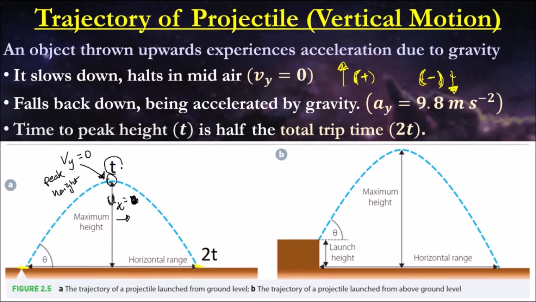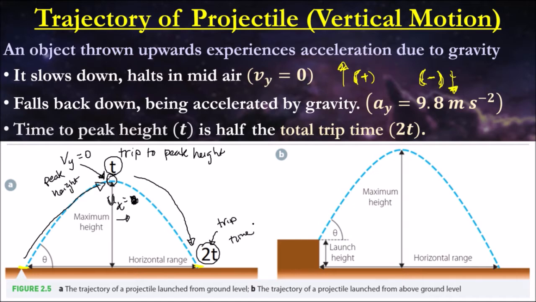So you can actually work out the time it takes for an object to launch to this part here, the peak height, and then you multiply the time by 2 to find the total trip time. So t here is the trip to peak height, and t2 here would be the total trip time of our projectile, as you can see in our relationship that we have there.